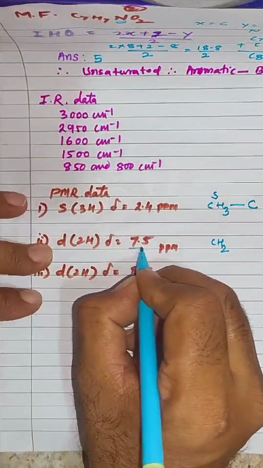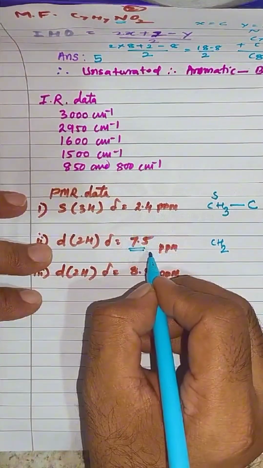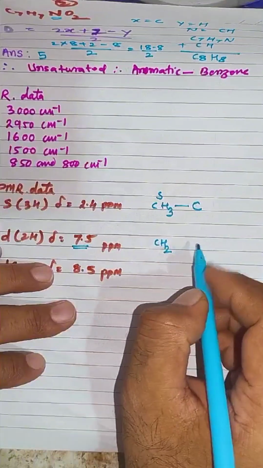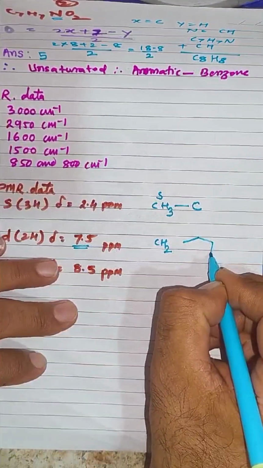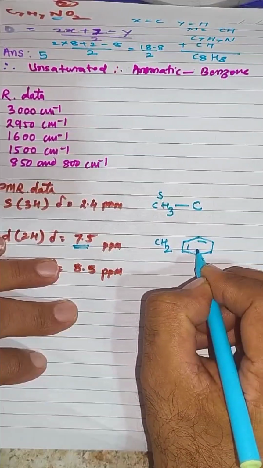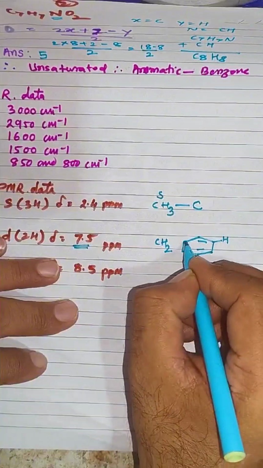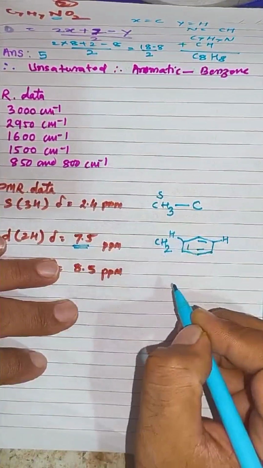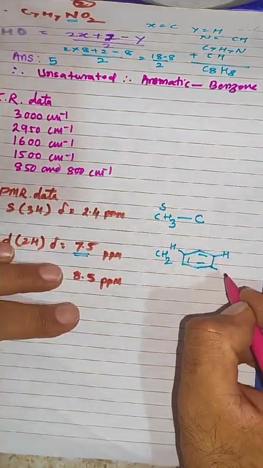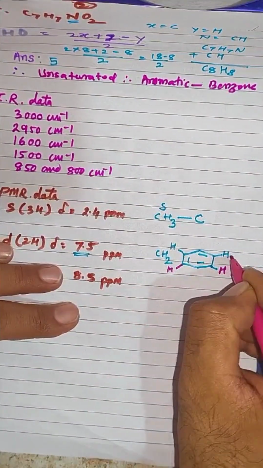But you can look here, the value is 7.5, and this 7.5 delta value always indicates an aromatic compound. So instead of writing this doublet, I can take directly the aromatic protons from this PMR data. There is one proton present and a similar proton present, and these two protons are identical.